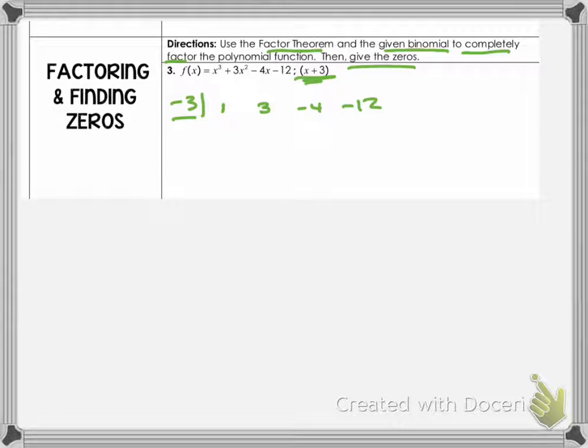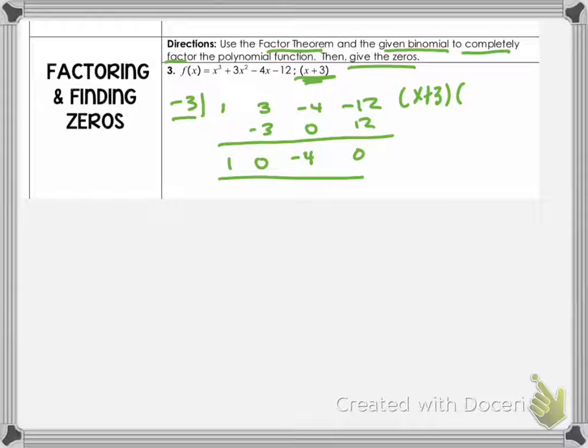So 3, 2, 1, 0, it has all the terms. So 1, that would be -3, 0, that would be 0, -4, and that would be +12. So sure enough, it goes in evenly. So one of my factors is x plus 3, okay? And the other one, what's this reduced polynomial, is x squared plus 0x minus 4.